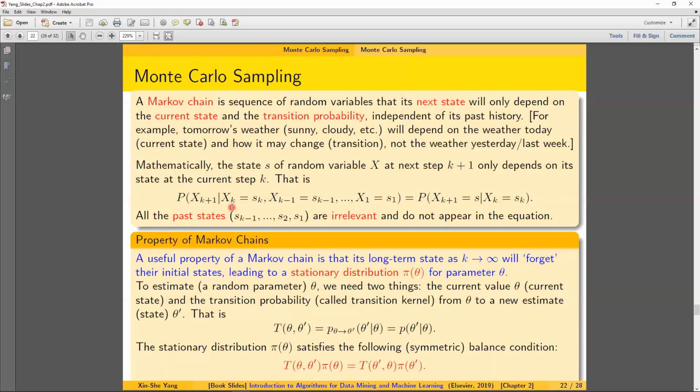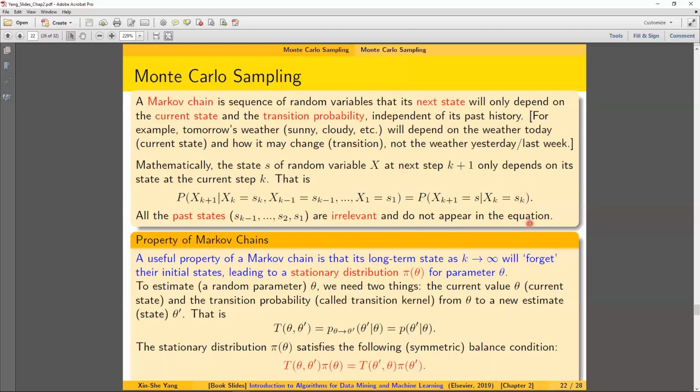Conditioning on X_k equal to s_k, X_(k minus 1) equal to s_(k minus 1), etc., this probability is the same as the probability when we only condition on X_k equal to s_k. That's the definition of a Markov chain: whatever happened prior to the current state doesn't matter for what's going to happen next. All the past states are irrelevant and do not appear in this equation.